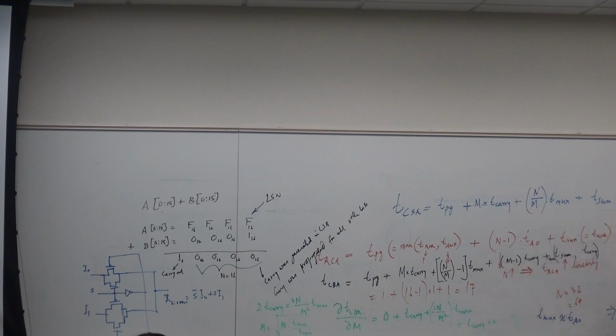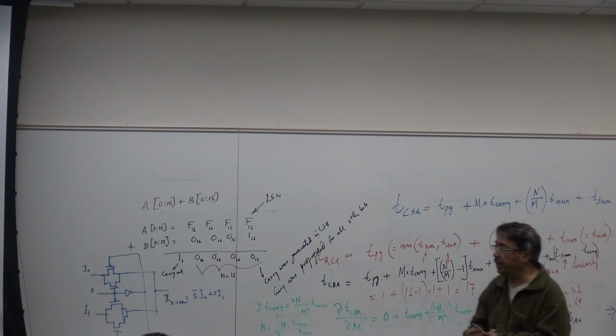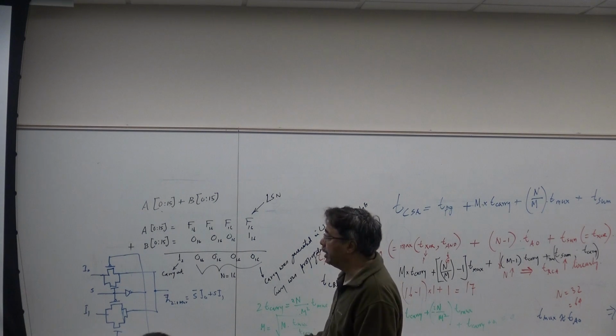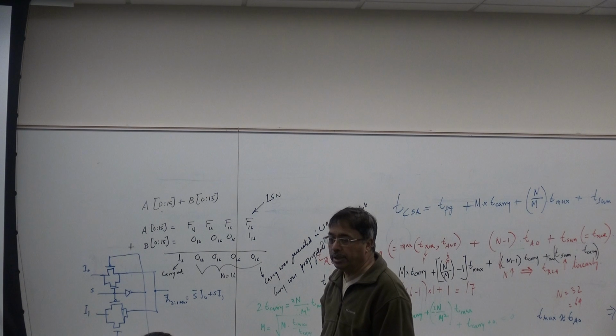So this has to come from the previous stage. Before that we cannot generate. So here it has to wait and then select one of these. Here the carries have been generated, but the multiplexer cannot send it over here because it will be giving the wrong value. It has to wait to find out what the value of CO is over here. We should be selecting one of them, and then you can generate.